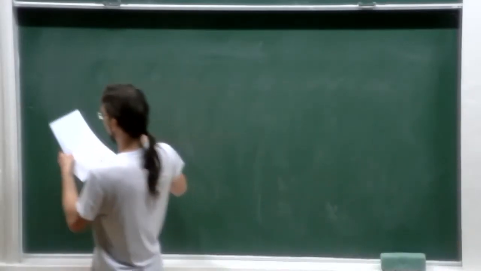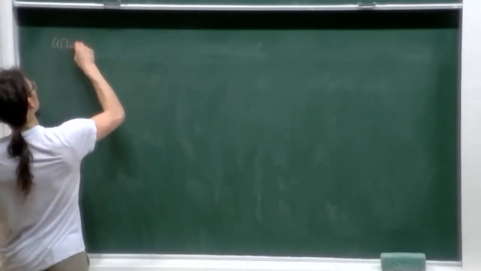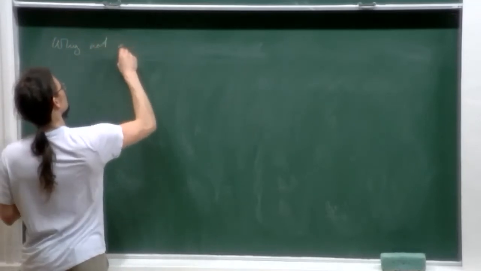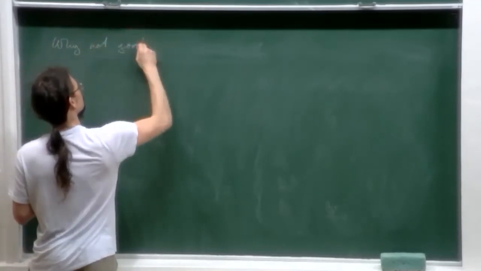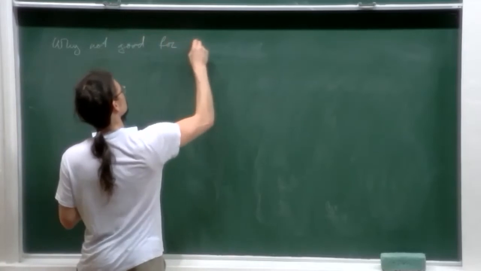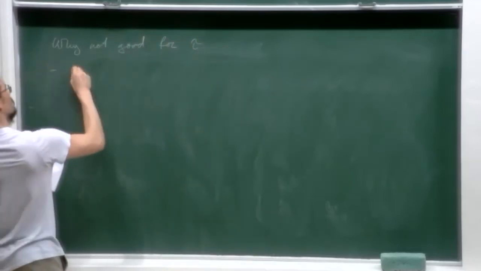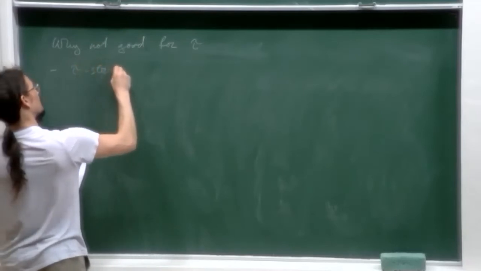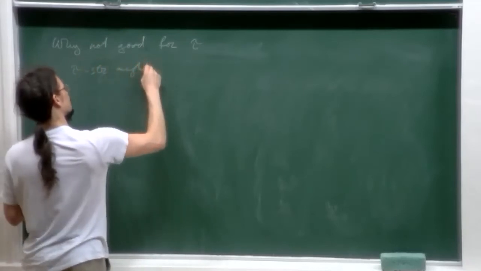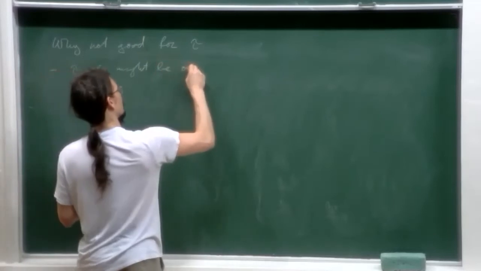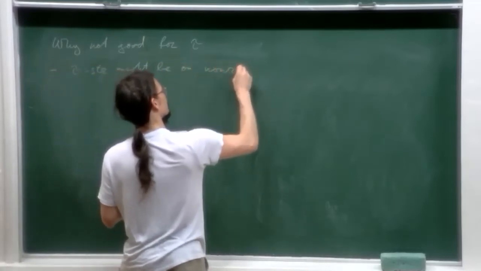So once again, why this is not good for tau is that the tau structure might be on a non-regular atlas.